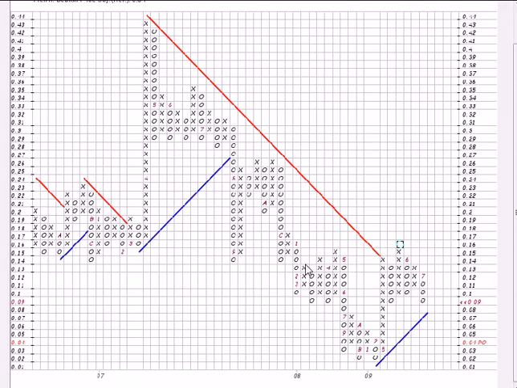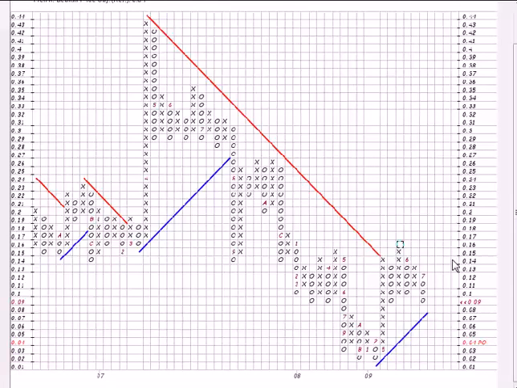And as we can see, there is also another one here at 14. And since a resistance can be a support and a support can be a resistance as well, we know that this 14 cents is going to be the biggest resistance that this stock is going to see for a while.